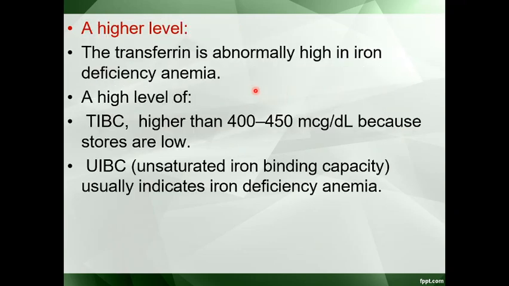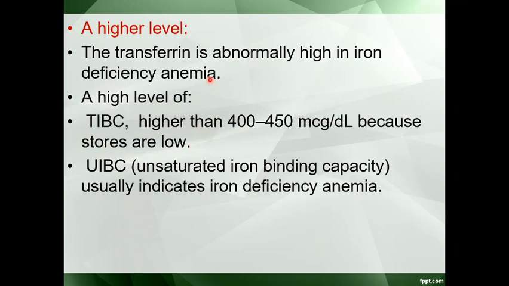High transferrin level. The transferrin level is abnormally high in iron deficiency anemia. I have already told you that transferrin is present, iron is not present, so unbound transferrin level will be high. A high level of TIBC, higher than 400 to 450 microgram per dl, is seen because iron stores are low.